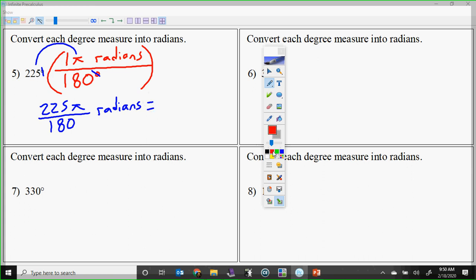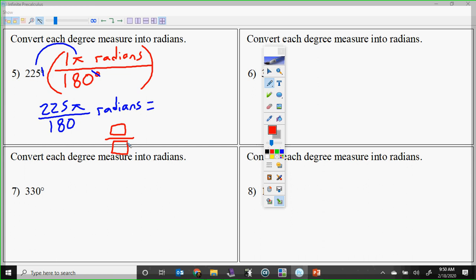Let's see if we can simplify it. So I'll go ahead and tell you there's 2 ways. One, you can just see what divides into 225 and 180. Okay, you could divide by 2, you could divide by 5, whatever. The other thing is I could just type in my little box over box in my calculator.